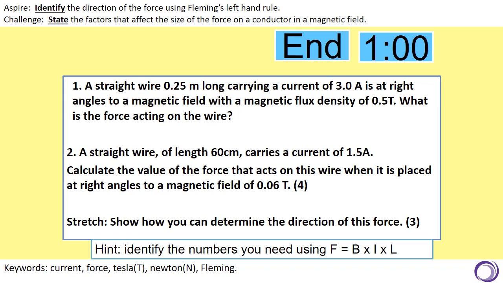Just a minute left. Quickly onto the stretch question if you get time.